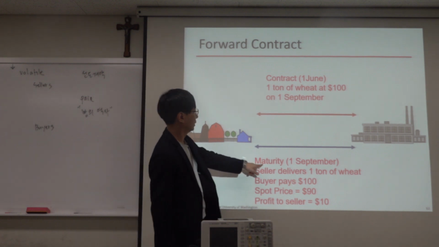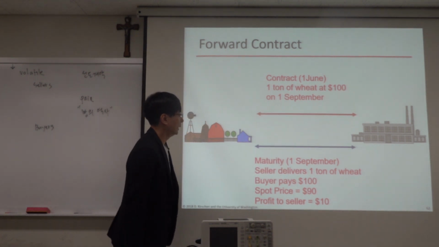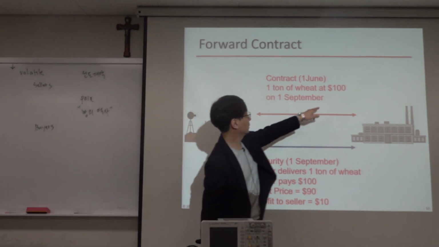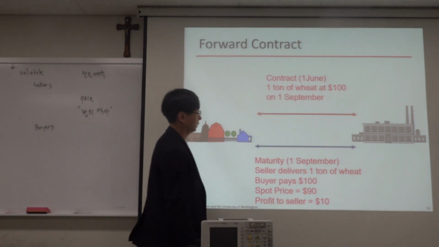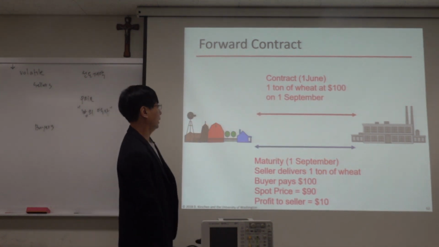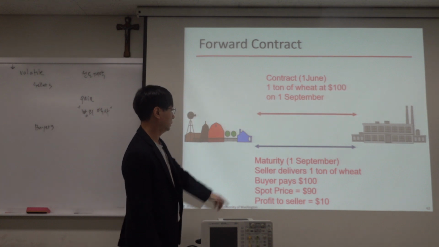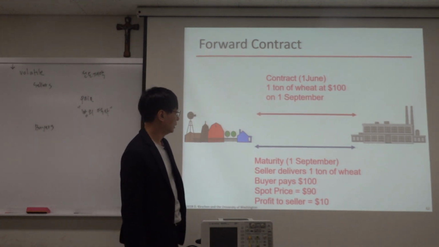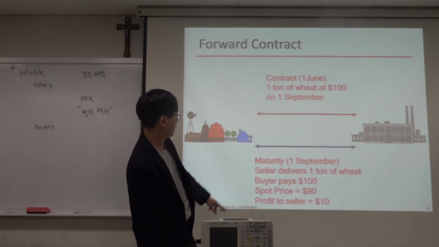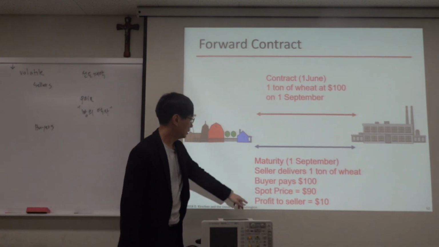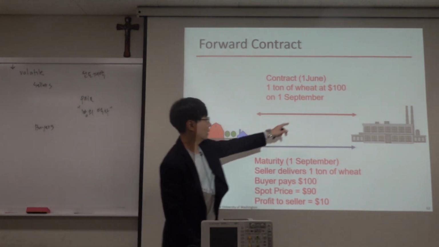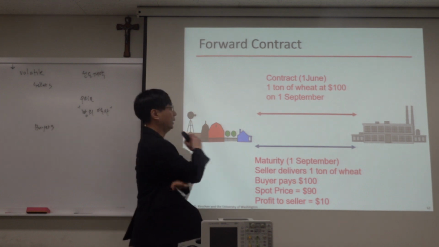And on September 1st, by the way, the price and the quantity are agreed. And on September 1st, the seller delivers 1 ton of wheat, and buyer pays $100. Because now we already agreed on the price.